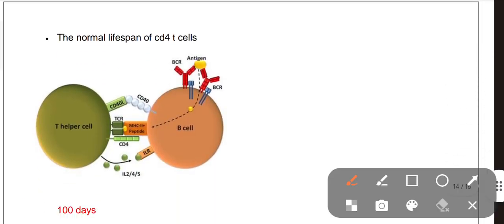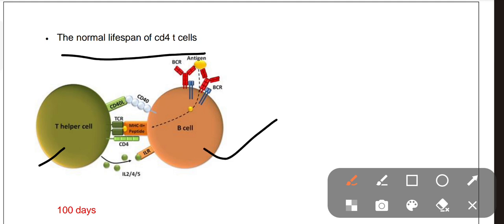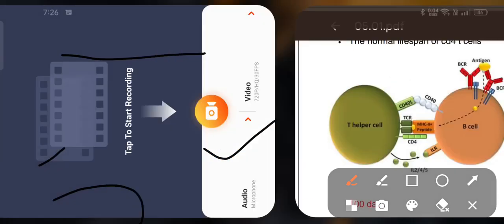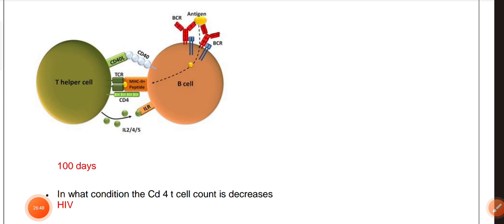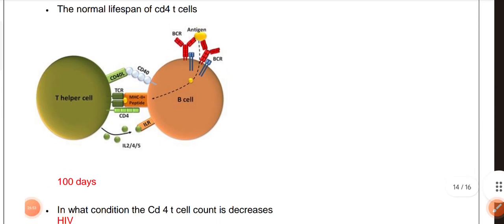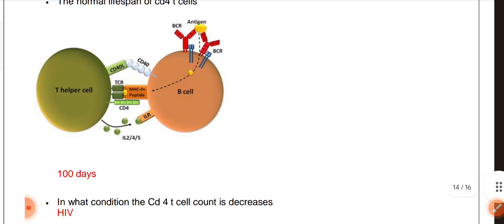And the next point is the normal lifespan of CD4 T cells. In our body we have the helper cells and B cells. What is the normal lifespan? That is 100 days. So the normal lifespan of CD4 T cells is 100 days.